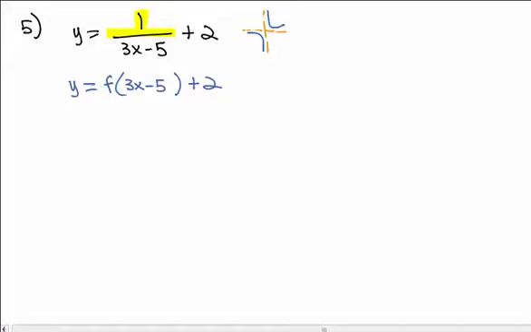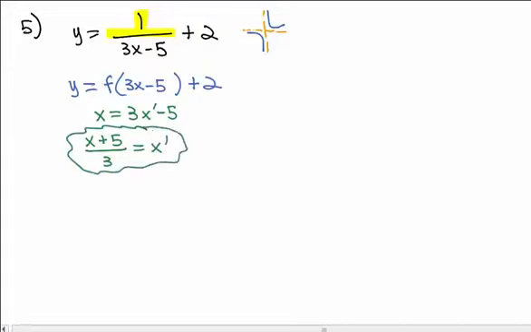And so again, we can figure out what's happening to our x's and what's happening to our y's. X is equal to 3x prime minus 5. Solving for x prime, we have to add 5 and divide by 3. And that's our x function. Our y function is whatever's outside. We place in the function with y. We've got y prime equals y plus 2.